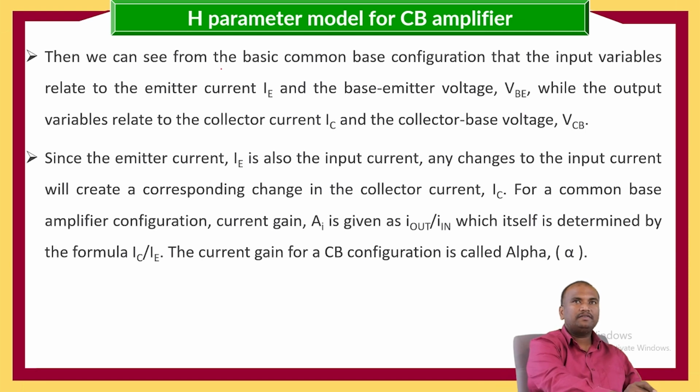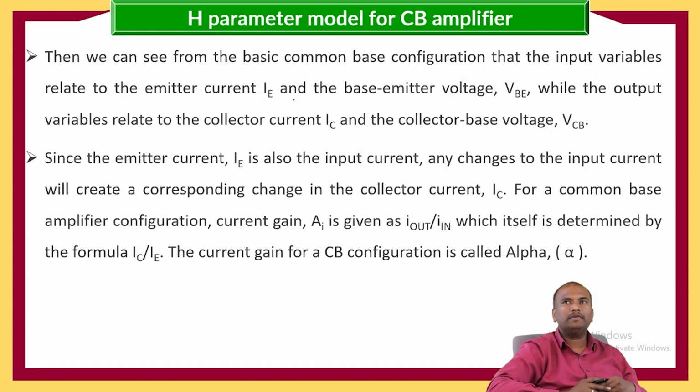Then we can see from the basic common base configuration that the input variables relate to emitter current and the base to emitter voltage, and the output variables relate to collector current and collector to base voltage. Since the emitter current is also the input current, any changes to the input current will create a corresponding change in the collector current IC.